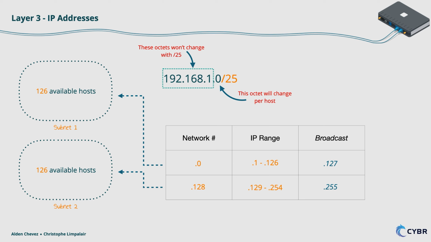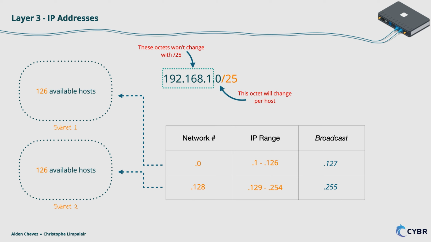Ignore the meaning of broadcast for now. We will explain that in another lesson, but do note that the broadcast in this table does eat up 2 different hosts, which is why /25 only offers 126 hosts instead of 128. Because then if you look at the network number 0.128, you would have a range of 0.129 to 0.254.